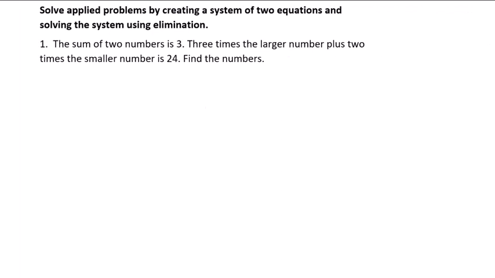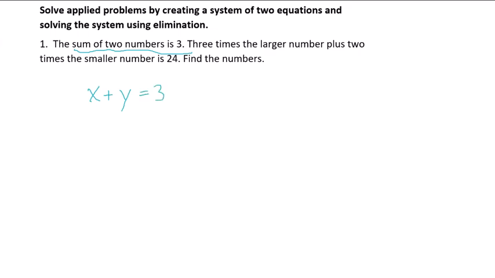All right, so we need to start by creating our two equations to form our system. So the sum of two numbers is 3. So x plus y is 3. Sum means addition.